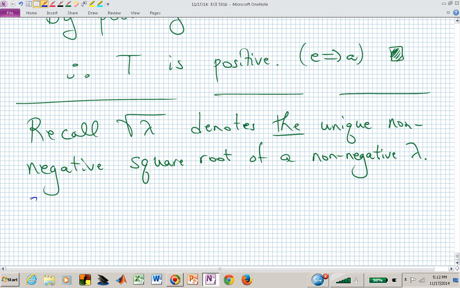And what we want to do now is start generalizing these number properties to operators.